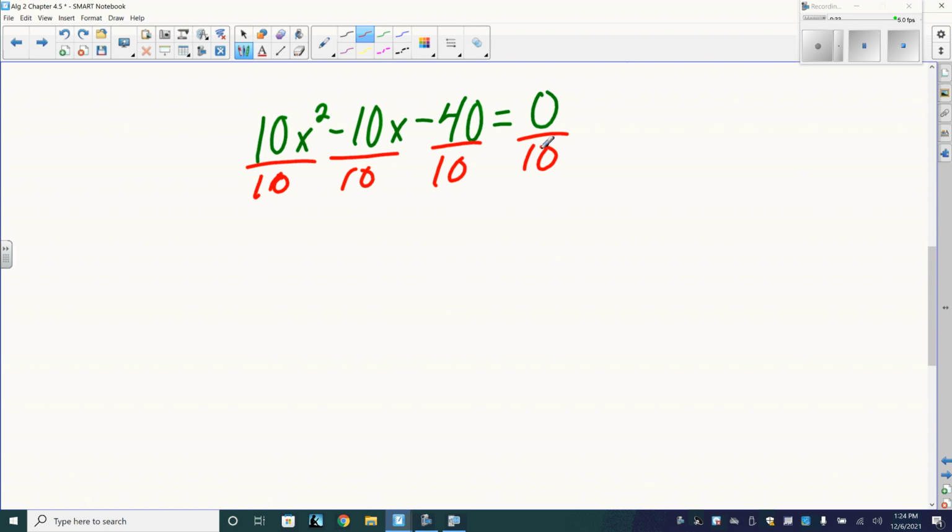Because if we leave it in there, when we get to the very end with the quadratic formula, we'll have to pull it out anyways. We'll have to reduce it out. So why not reduce it now? If we divide it out, what we get is x squared minus x minus 4 is equal to 0.